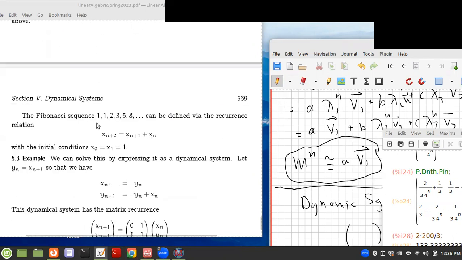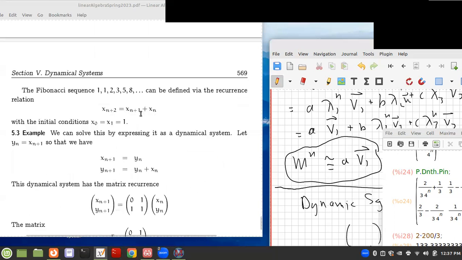Another one is the Fibonacci sequence of numbers, which, you can see here, is a two-step relation. You can convert this into a two-step dynamical system by defining x_{n-1} as y, and then saying y_{n+1} is this one.